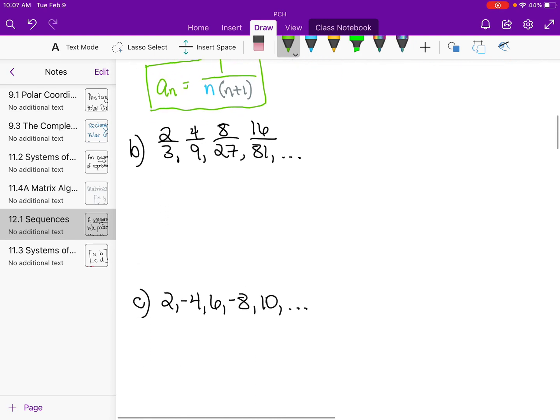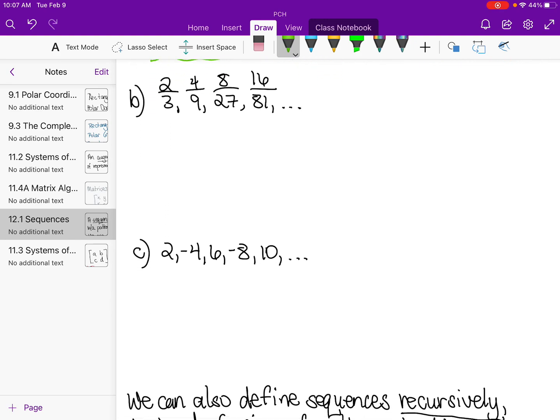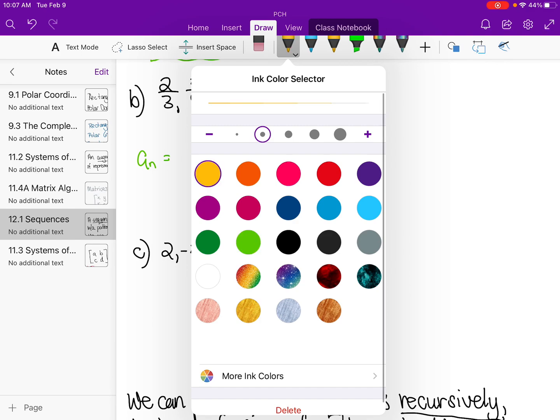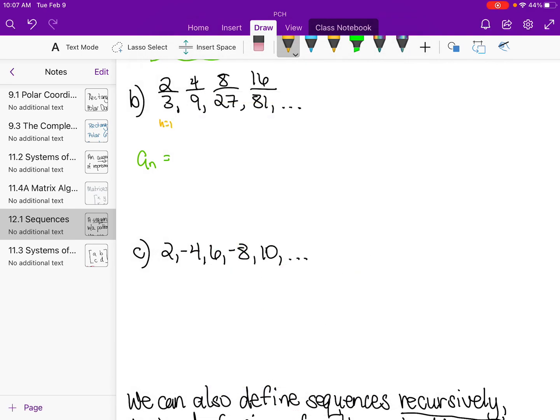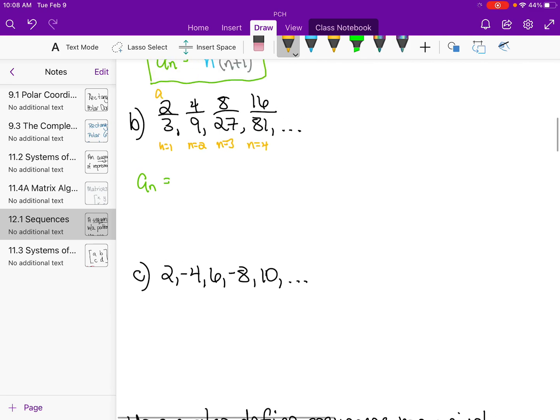Again, we want to focus on the numerator separate from the denominator. We're going to write a function rule, and we want to notice this came from plugging 1 into something, then 2, 3, 4. The term itself is a sub 1, a sub 2, a sub 3, and a sub 4. I'm trying to make this distinction.